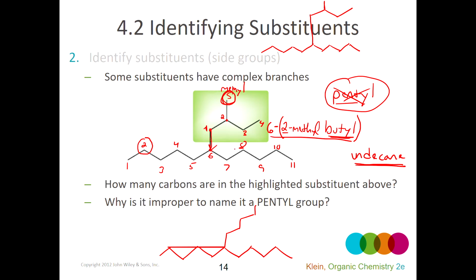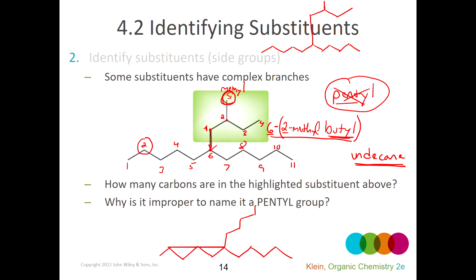The parent chain has 11 carbons, so that's undecane. On carbon 6 of the parent chain, there's this group, and this group's name is 2-methylbutyl, because the group is a 4-carbon or butyl group, and there's a methyl on carbon 2 of that 4-carbon group.